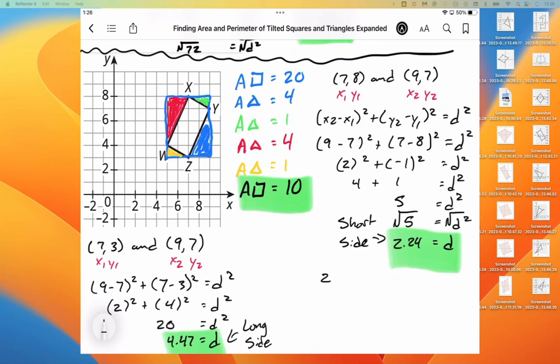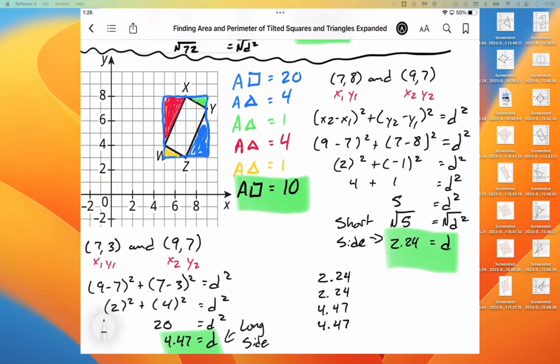We need 2 shorts and a long. We get 13.42. Perimeter is 13.42.